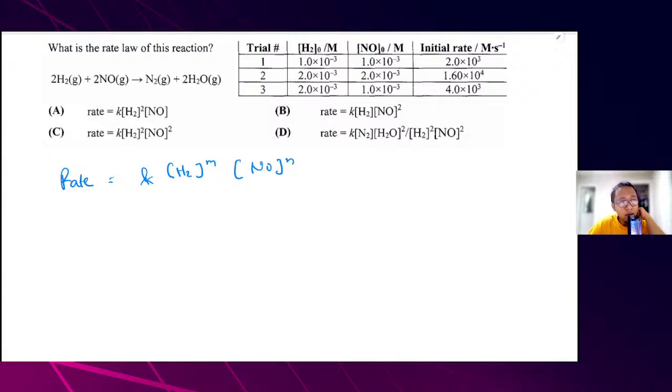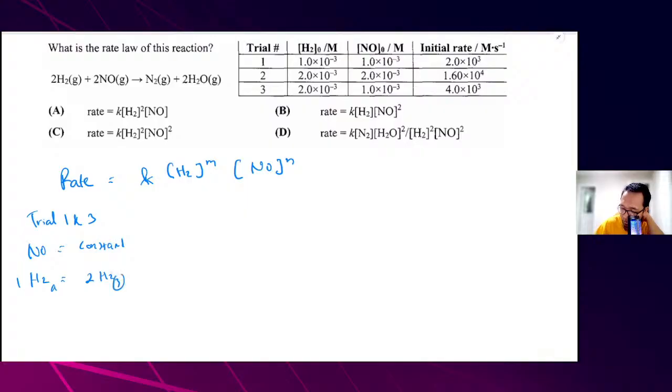Now compare trial 1 and trial 3. NO in trial 1 and trial 3 is constant, and then H2 is doubled from trial 1 to trial 3.